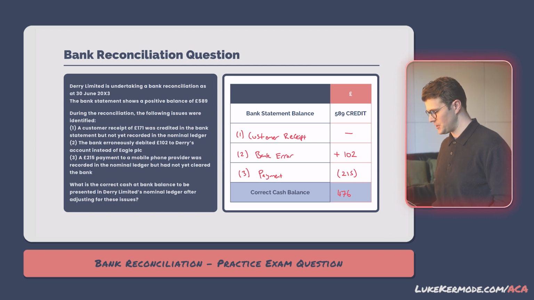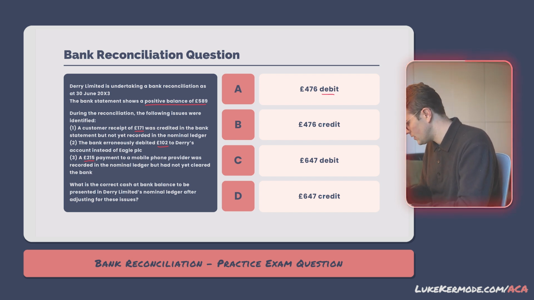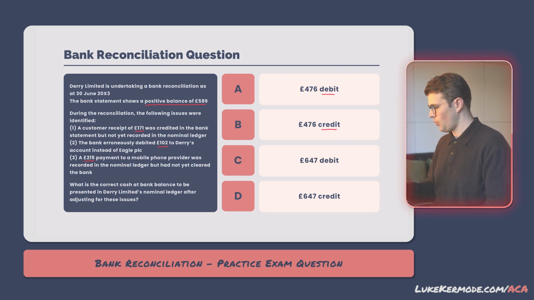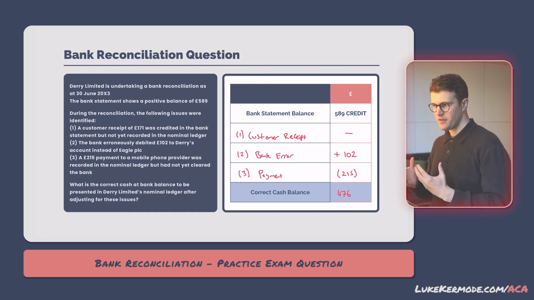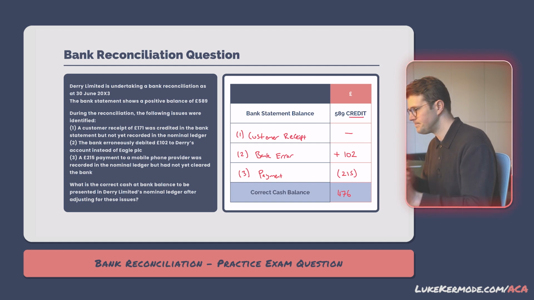But the final thing we need to do, if you look at our options, is to determine whether that £476 is a debit or a credit. So we know that the answer is going to be option A or option B. We just need to work out whether it's a debit or a credit entry. So remember, we started with a bank statement balance of £589 and that was a credit.